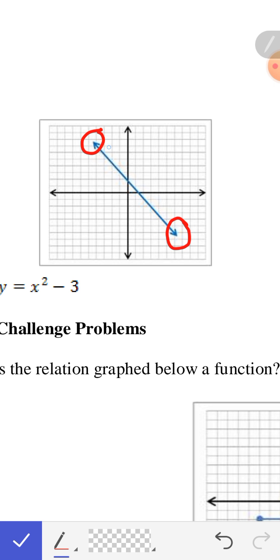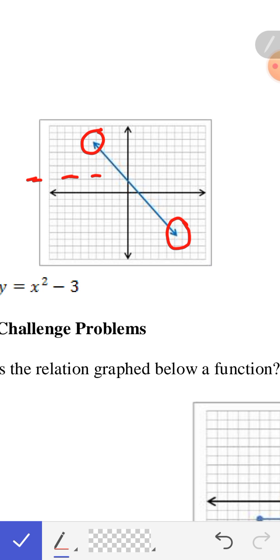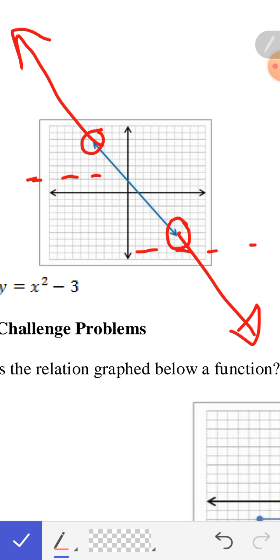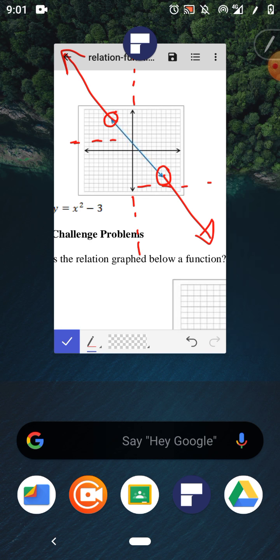Endlessly means this goes all the way on the x-axis, toward negative infinity as it keeps going that way, and this one will also continue that way. Upwards it goes all the way, and downwards it goes all the way.